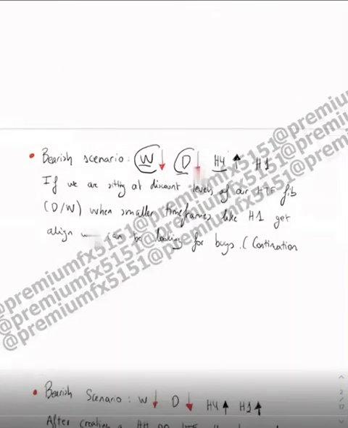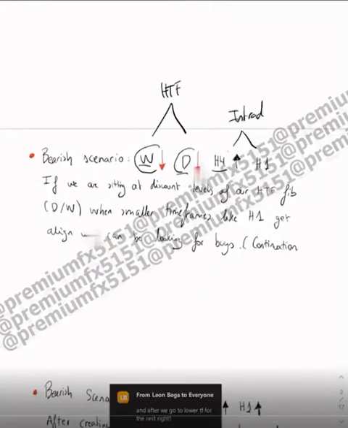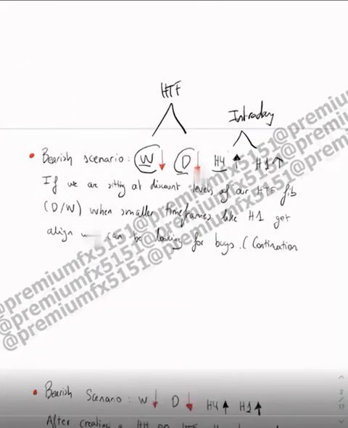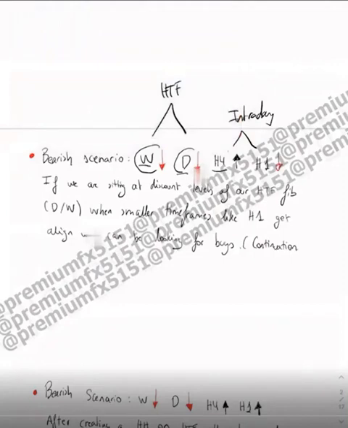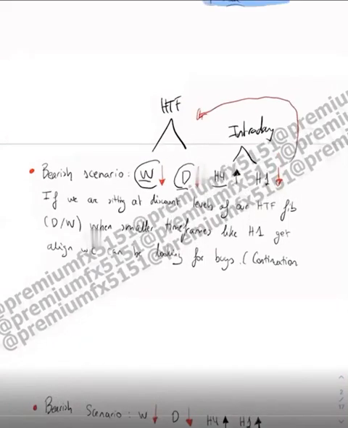Say we have weekly and daily as my higher time frame being bearish. I have my H4 time frame that is bullish, but then I have my H1 time frame that is bearish. Now I have to understand that this is this sort of scenario.